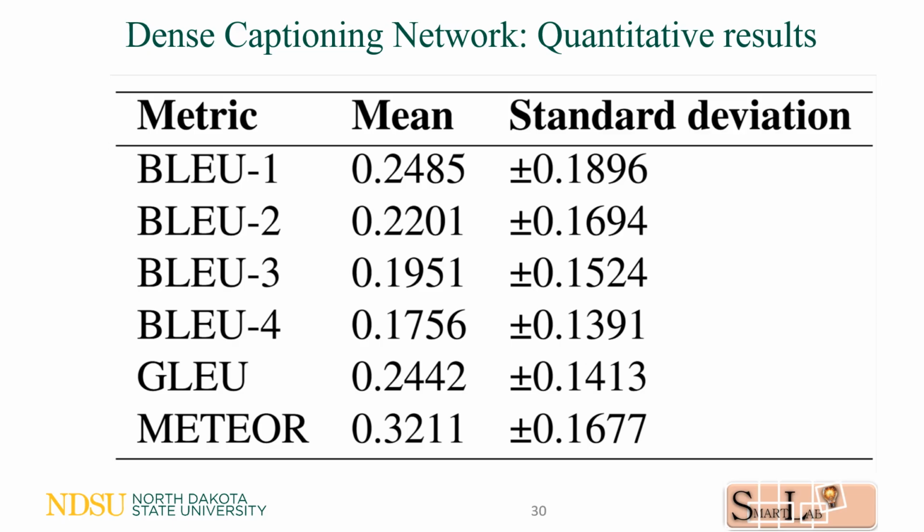The BLEU scores decrease as n increases, which is expected because matching longer exact n-grams is harder, and BLEU and Meteor are in a similar range, with Meteor around 0.32 on average. These values indicate that the generated captions have substantial overlap with the expert annotations, capturing both the key distress types and the severity patterns.